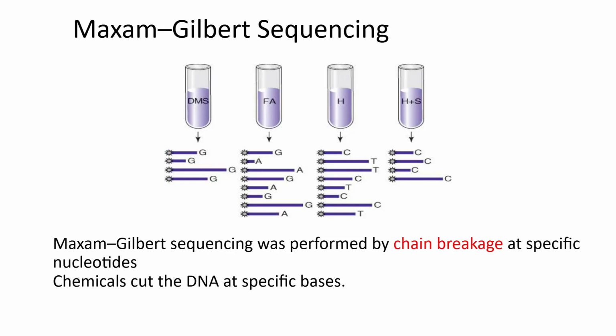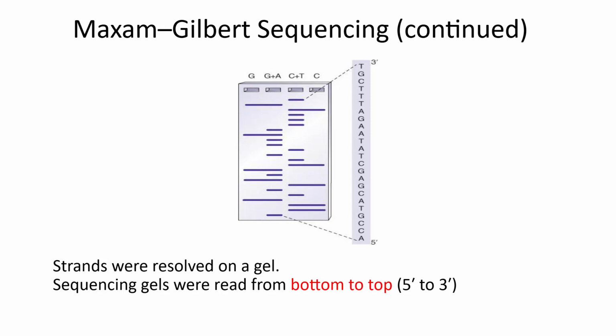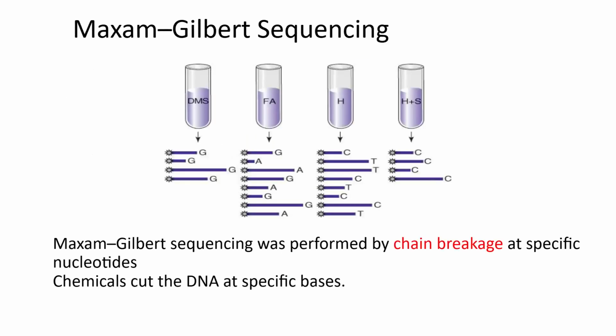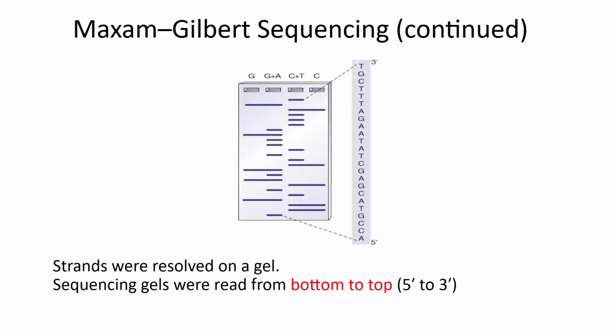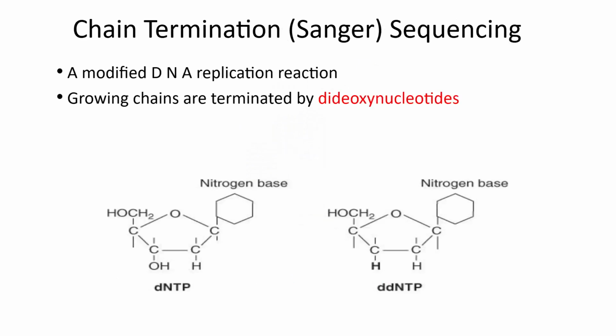Chemicals cut the DNA at specific bases, and then we can evaluate the strands on a gel. So sequencing gels were read from the bottom to the top, and it's based on that chain breakage by the chemicals. This procedure is no longer performed.